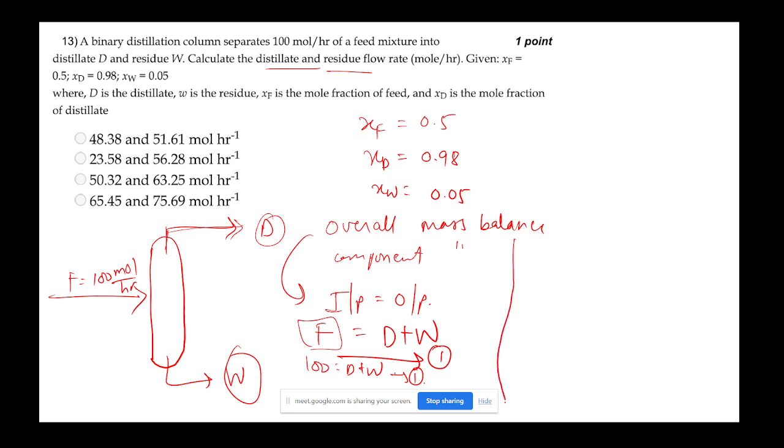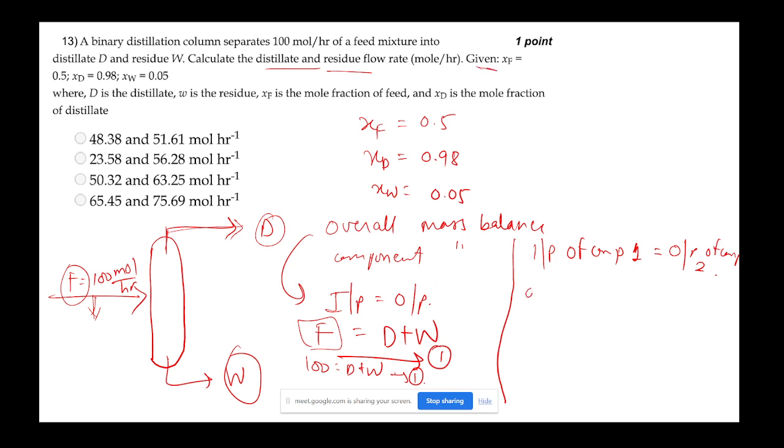Now if you want to apply component wise mass balance, you apply input of component 1 equals output of component 1. So input of component 1 is in the form of feed, which has mole fraction 0.5. So out of 100 mole per hour of feed, 50 mole percent is the substance which is mentioned here.